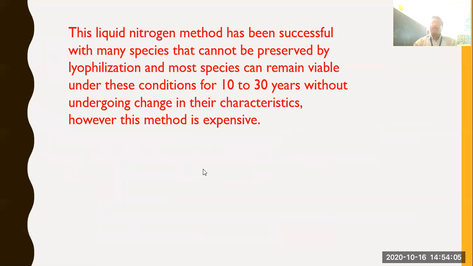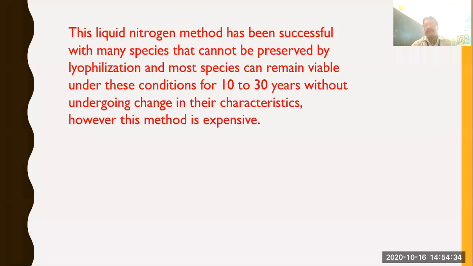Now this liquid nitrogen technique has been successful with many species that cannot be preserved by lyophilization, and most of these species remain viable under this condition for 10 to 30 years without undergoing a change in their characteristics. However, this is one of the expensive methods.